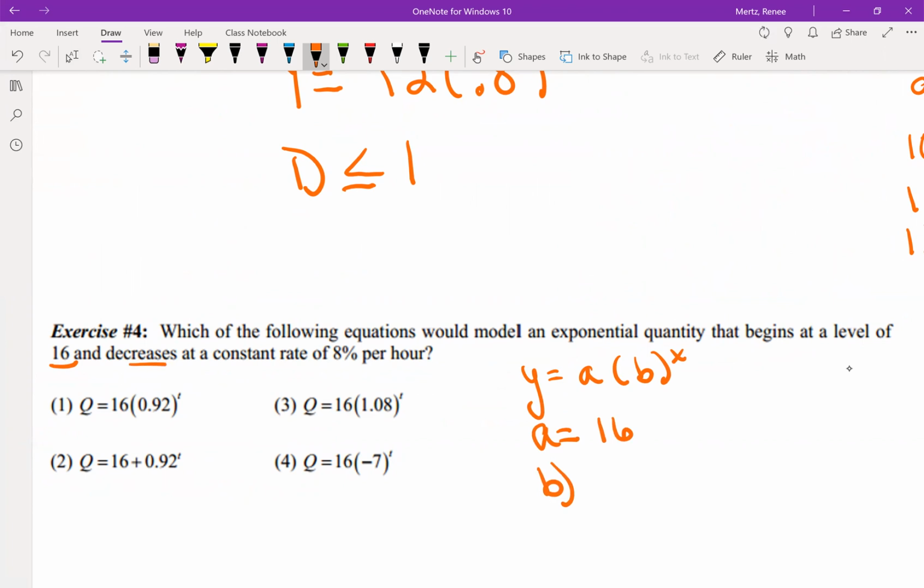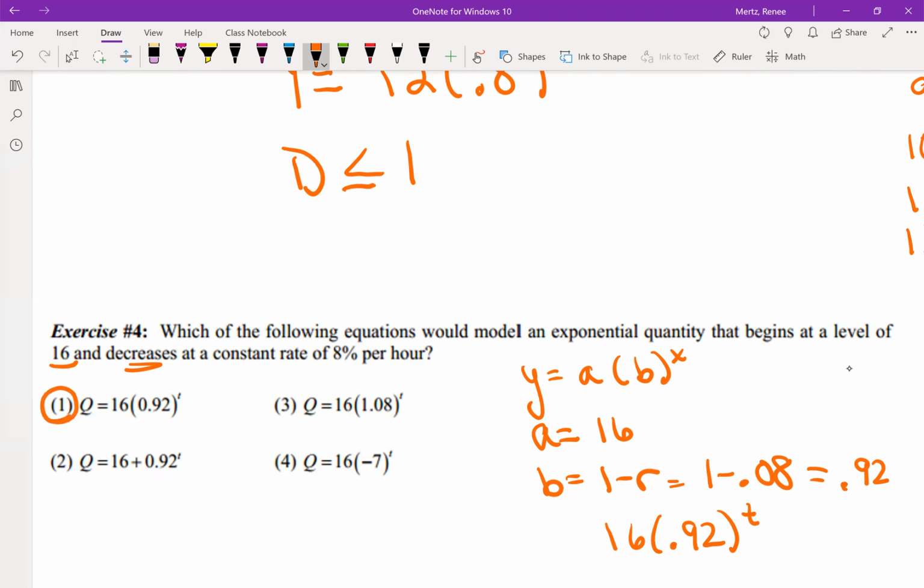B decreases, so b is 1 minus the rate. 8% as a decimal is 1 minus 0.08, which is 0.92. So I'm looking for 16 times 0.92 to the t. So choice 1.